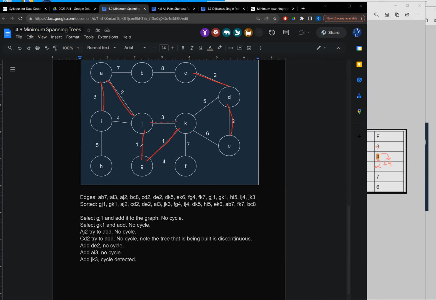So we have a choice between the one edge or the three edge. Since we sorted at the beginning, we know that the heaviest edge is going to be the edge that we just added. So we're going to remove the heaviest edge, the one we just added. All right, so JK is added, test for cycle, cycle detected, and we will go ahead and break the cycle by removing that edge.